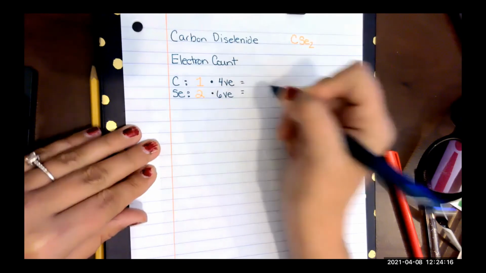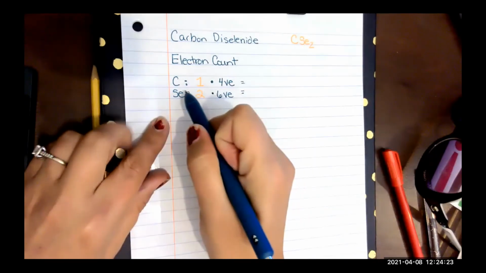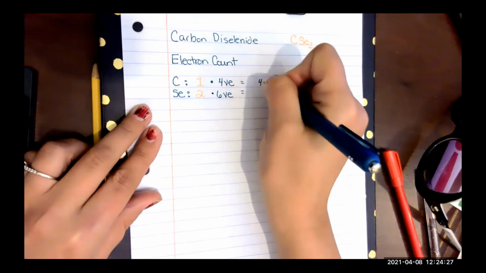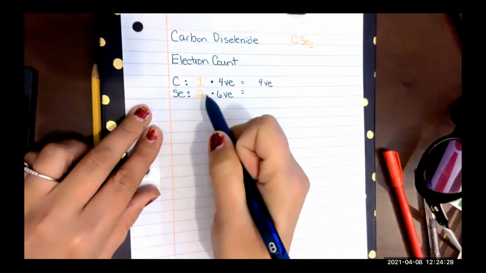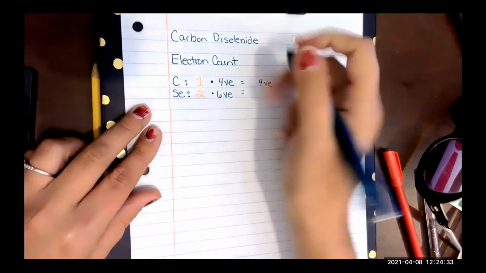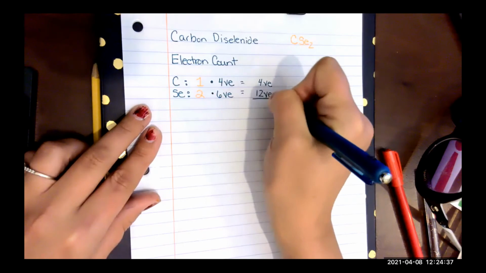Then you figure out the total amount of electrons provided by each element in the compound. So carbon has 1 times 4 is 4 valence electrons. Selenide is 2 times 6 because for every 1 there's 6, so there's 2 of them. So it ends up being 12 valence electrons.